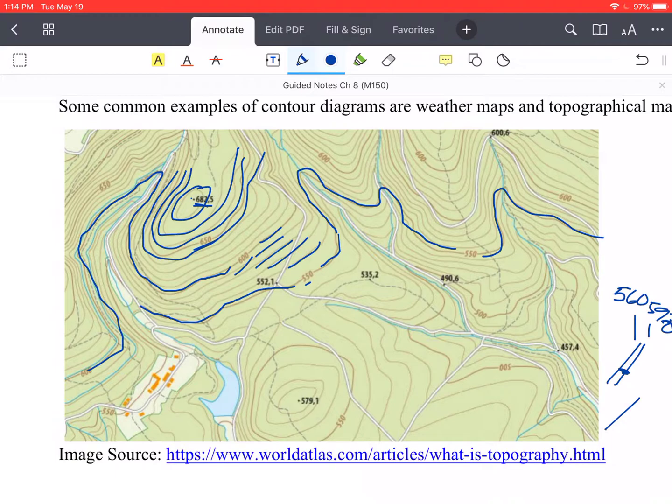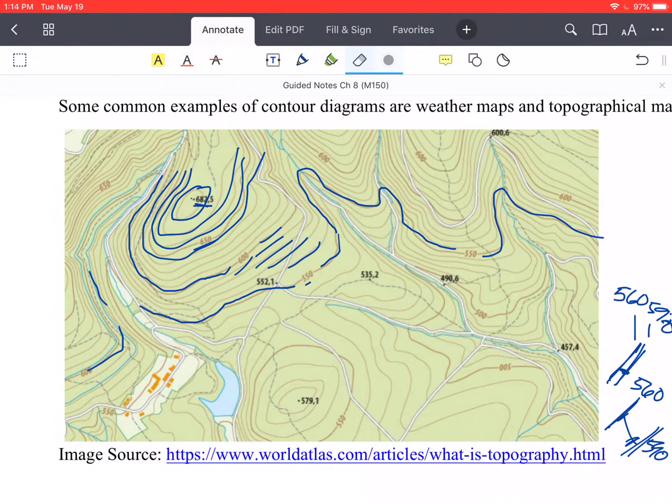Whereas if you tell me that these two contours, that one's 560 and that one's 590, then this tells me I had to go this far in order to cover 30 feet in altitude. So this would represent a very steep increase. This is a very shallow increase, so very low slope.